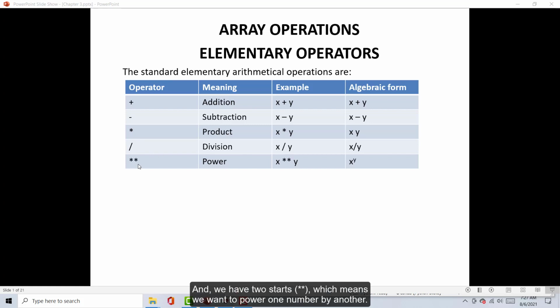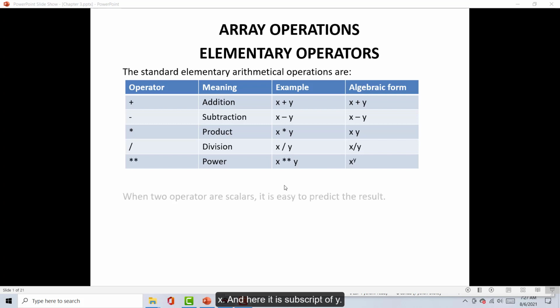And we have two stars, which means we want to raise one number to the power of another. For example, x to the power of y, where y is a superscript.